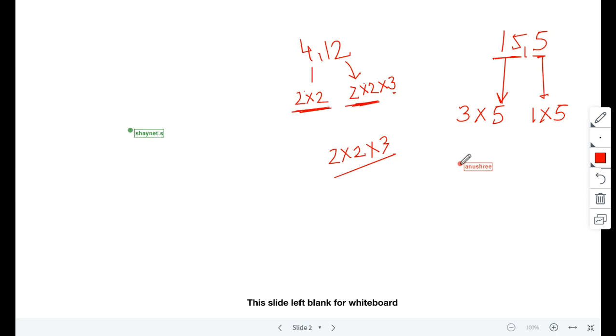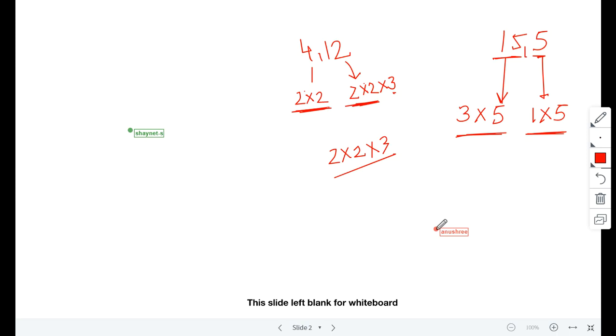What are the common numbers? Here, it's 5 cross 1, it's 3 cross 5. What is the common number that you can see? No, no, the common number.